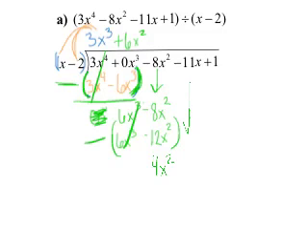Bring down minus 11x. Okay, so here we are again. What times x gets me 4x squared? 4x. But I also have to do times the negative 2. So 4x times x gets me the 4x squared I wanted.